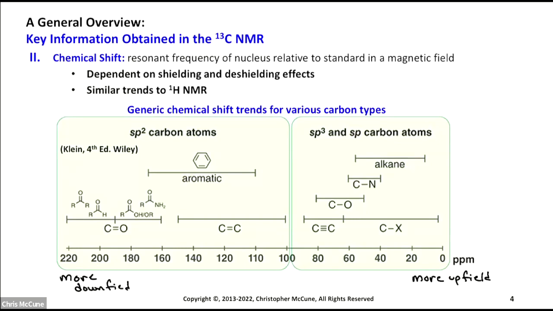So you can say that an aromatic carbon is more downfield with respect to an alkane carbon. Okay. Why? Because it's got more electron withdrawing properties around it. So it de-shields it. And so the more downfield, the more de-shielded, with respect to other carbons that wouldn't be as far to the left.